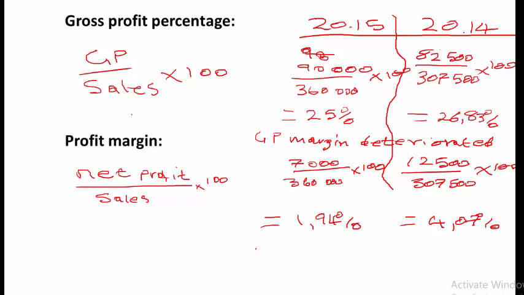And then also the profit margin deteriorated. So the net profit margin also deteriorated. This is the reason that you can give, deteriorated, because sometimes reasons are asked.